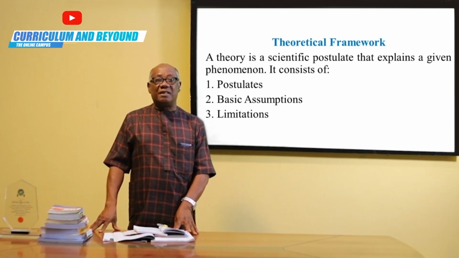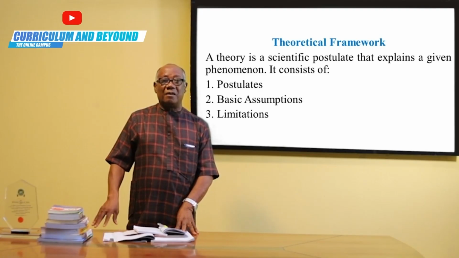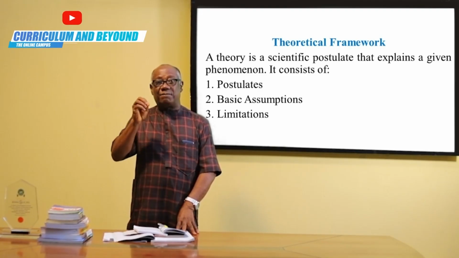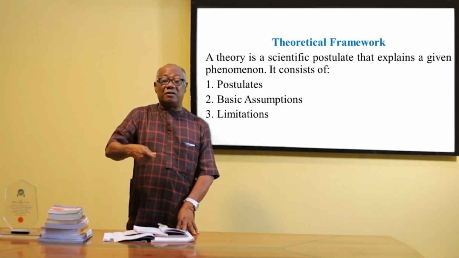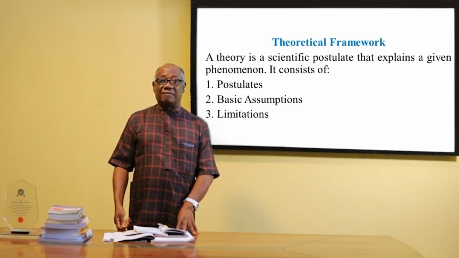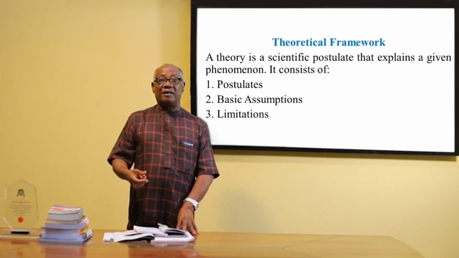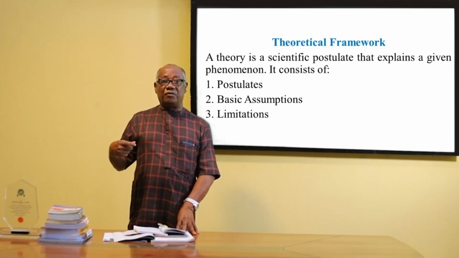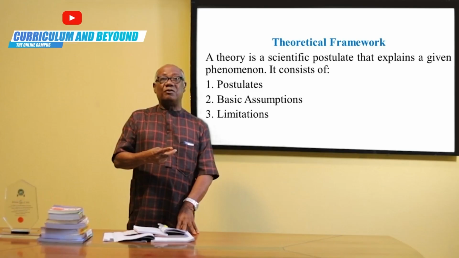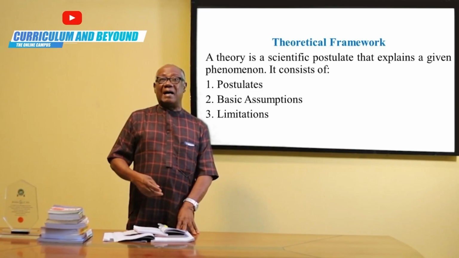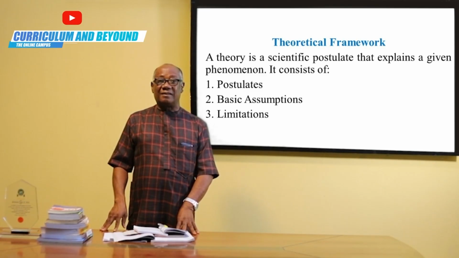Now, after you state the theory, you go on to your work to explain how it anchors, how it supports the problem you are investigating. And from there, you go on to the review of literature. You bring in variables which you have anchored in your hypothesis statement and your research question.